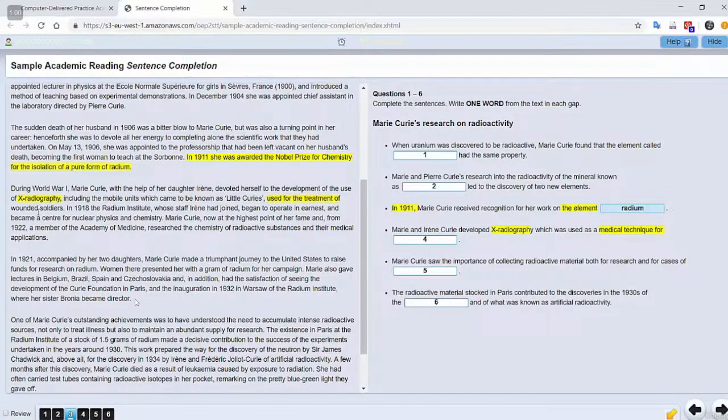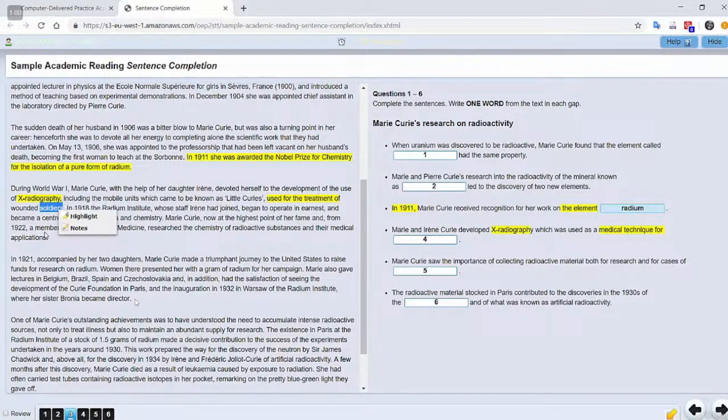Now, some people would probably make the mistake of putting the answer as wounded soldiers. Wounded soldiers. What does the directions say? The directions say one word only. So we don't put the word that describes the type of soldier. We just put the word soldier, right?